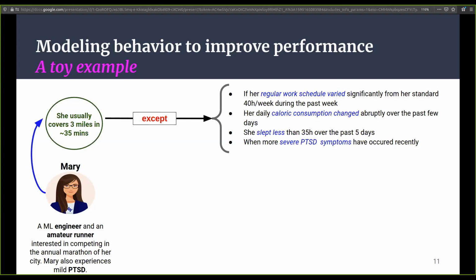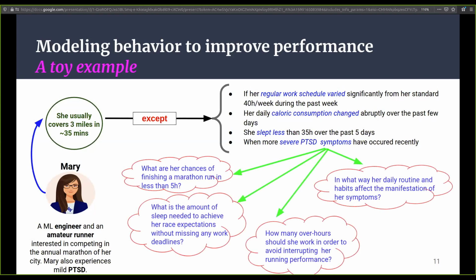So taking all this information into account, we can ask a bunch of different questions that can help this individual improve their daily living. These questions may relate to how she can become a better athlete, how she can become a better professional, or how her daily routine can be optimized towards her taming the symptoms she has from her disorder.